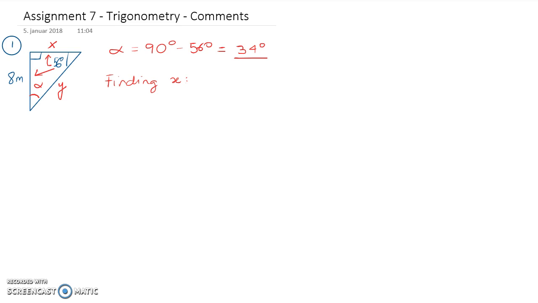Again, we want to use the tangent of 56 degrees. So tangent of 56 degrees is the same as tangent is opposite to the angle divided by adjacent. So opposite to 56, we have 8, divided by adjacent to 56, we have x.